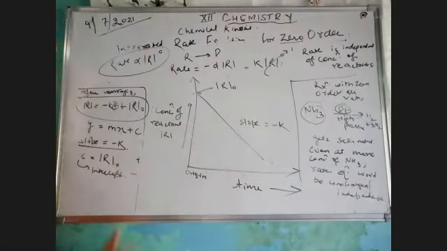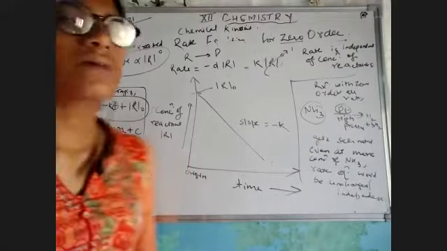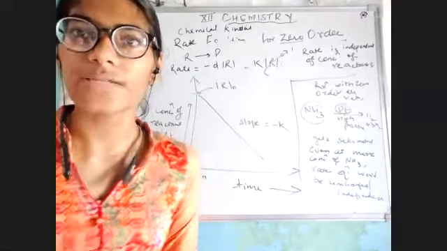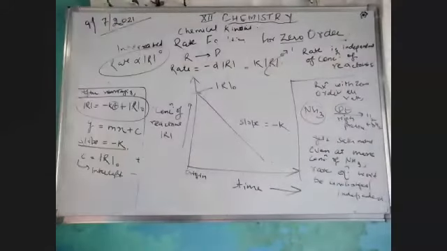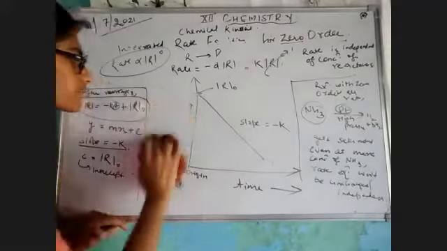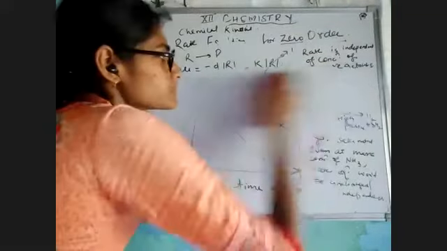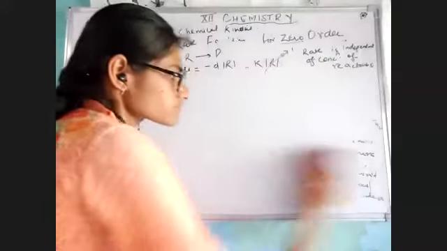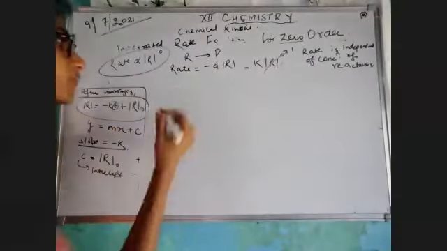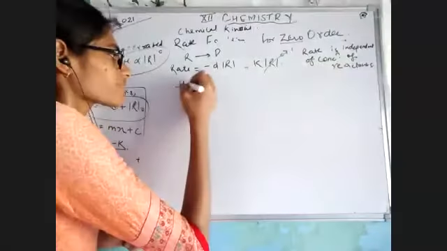Finally, we are going to move to the last concept of this integrated rate equation, that is half-life period. Let's see what is half-life period and why do we need to calculate that. Okay, finally, the last step of this equation is half-life period.